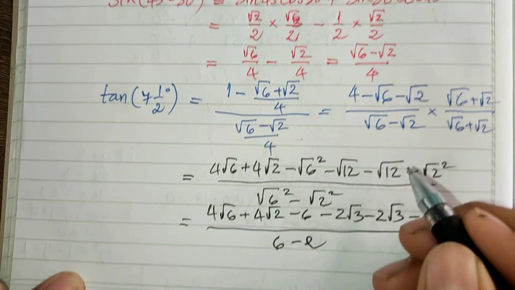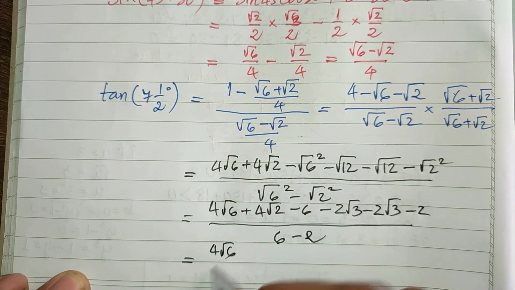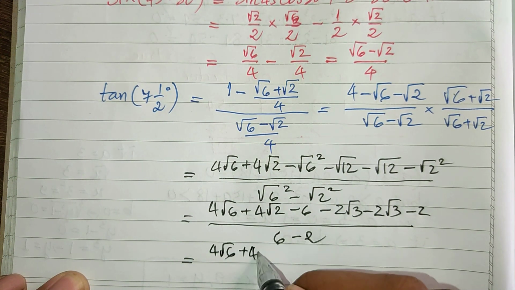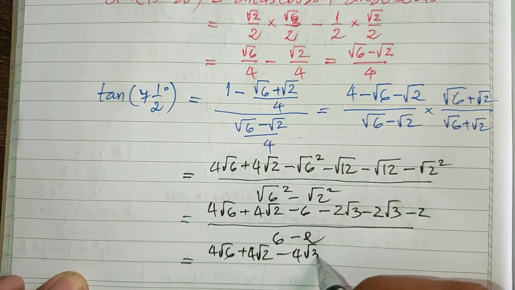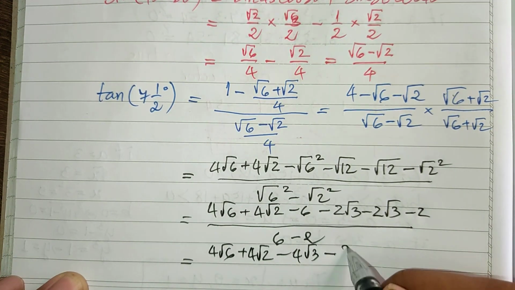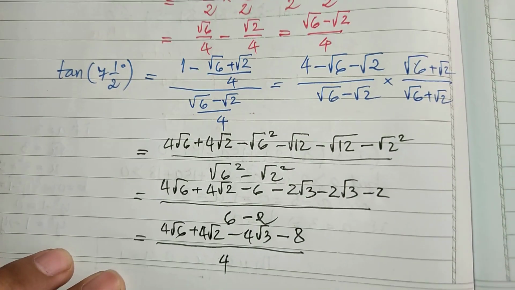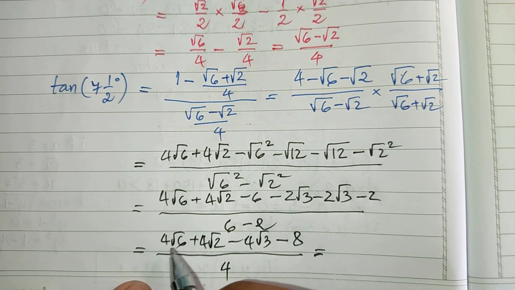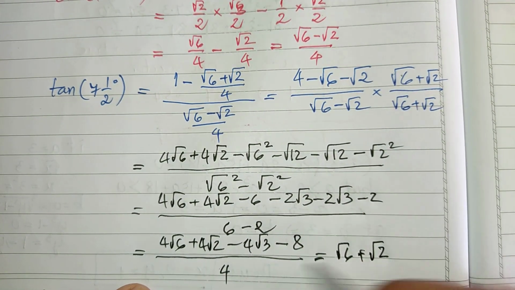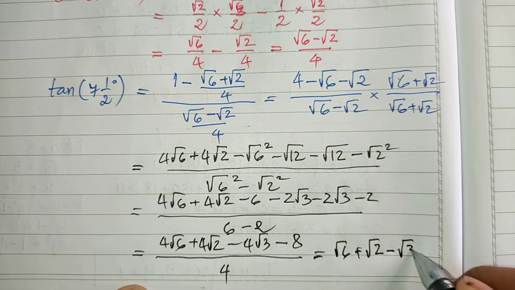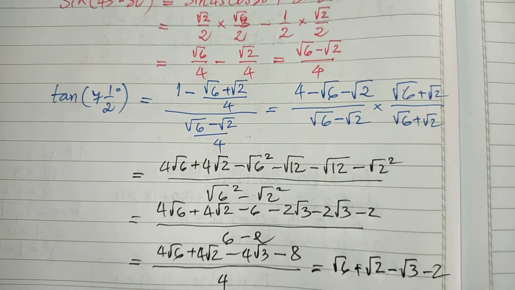Now we get 4 square root 6 plus 4 square root 2 minus 4 square root 3 minus 8, divided by 4. Now this is equal to square root 6 plus square root 2 minus square root 3 minus 2, and so we get the value of tan 7 1/2 degrees.